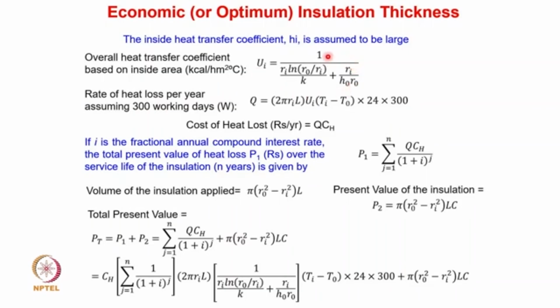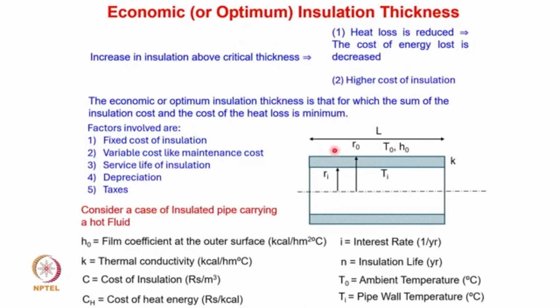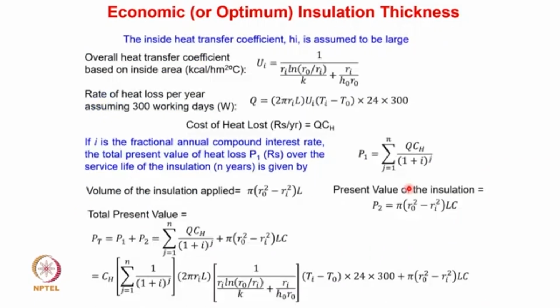Now Ui is calculated using this formula, and the heat loss will be given by UA delta T, isn't it? In this case, U is this, and A will be 2 pi Ri L. This is the heat transfer area, the circumferential area of this particular tube, multiplied by the temperature difference, which is Ti minus T naught. Now we want to calculate this heat loss over the year.